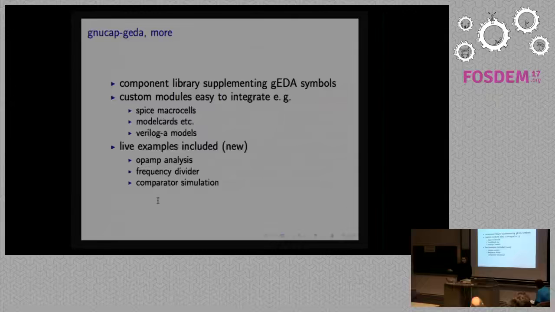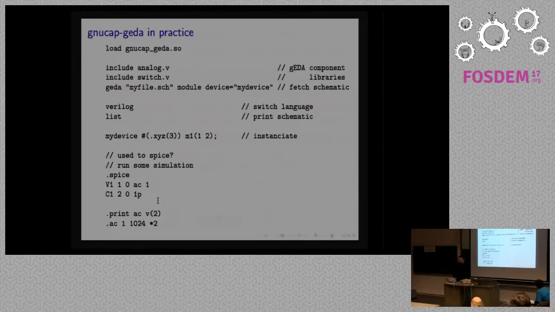I scraped it off some old archive and added an analysis to that, so you can run it, you can see how it works. And a similar frequency divider that has been communicated on the IRC channel by some other guy. He was asking how to do that with SPICE SDB, and I said, SPICE SDB, no, you don't need that. And now it's here as a live example, and as a comparator circuit that I found added to the repository.